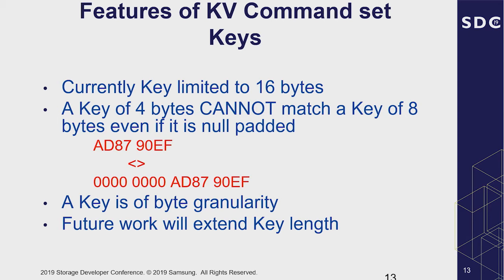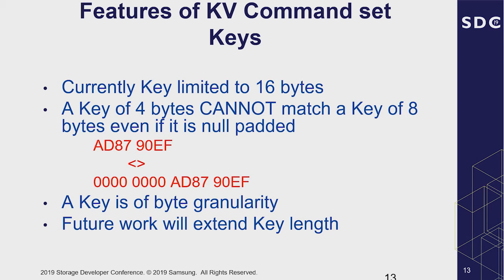Another thing, and this is actually overarching, probably should have been up in the header stuff before we even got to the API. A key of 4 bytes cannot match a key of 8 bytes, even if the 8-byte key has padding. So what that means is, if I use this from a numeric point of view, and I have a key that is AD8790EF, that cannot match a key that is 0000 0000 AD8790EF.